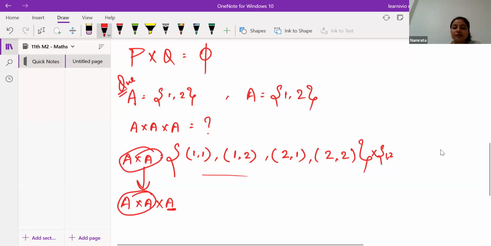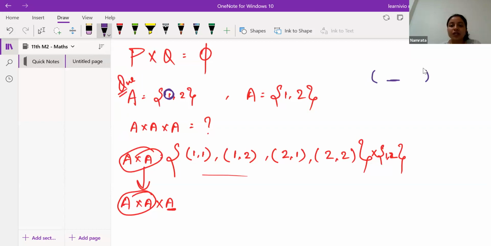Ma'am, you said it will get multiplied, so it should be 4, right? 4, 1, 4, 4. We are making the ordered pair. We are just making the ordered pair. We are not doing the multiplication. See, suppose you have taken one of the elements from here. Now you have to make an ordered pair.